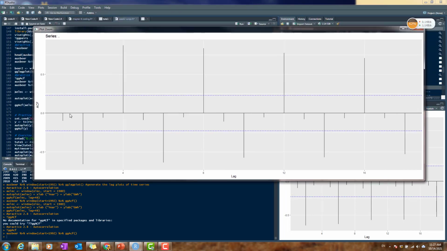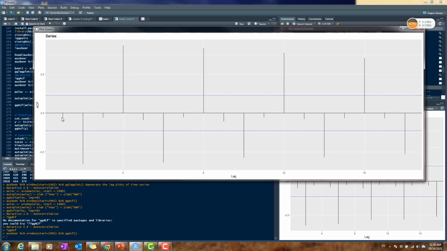What we can see here is the interaction between the current values and the data one quarter before, two quarters before, three, four, five quarters before, and so on.